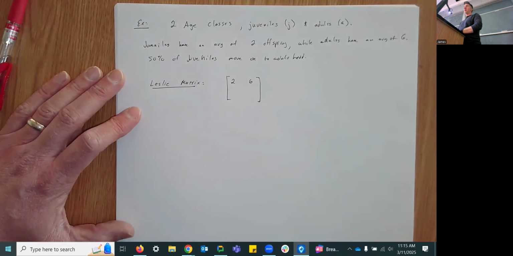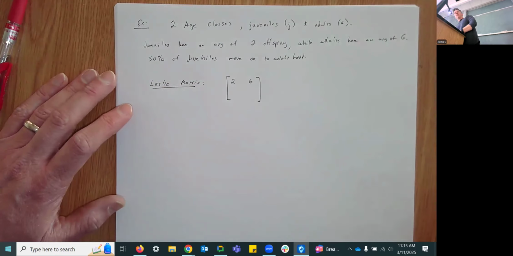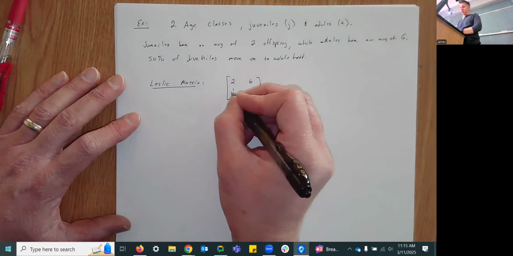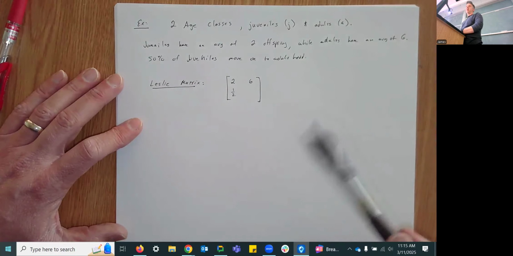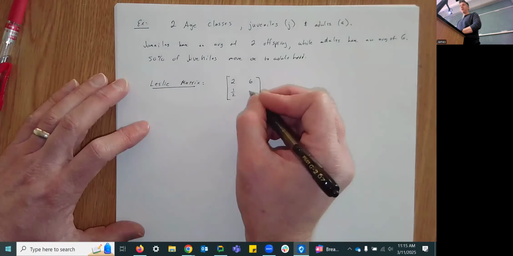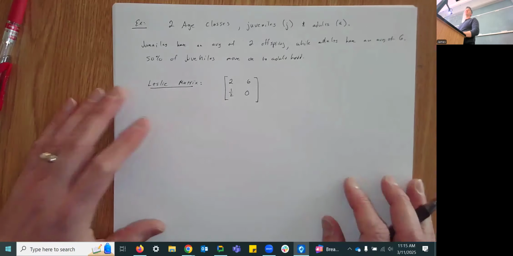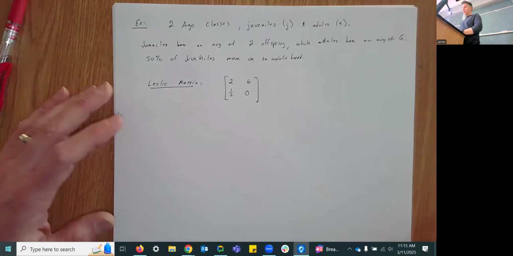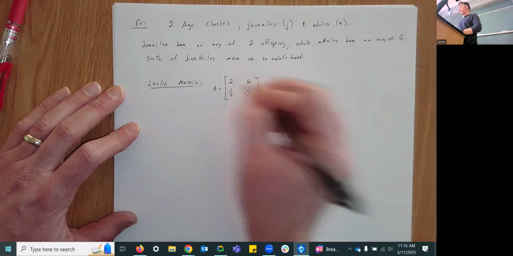And then the number of things that make it to the next age category next year: half of the juveniles make it to adulthood next year. We didn't really talk about the adults because adults just kind of stay adults. They all die eventually, and there's nothing beyond adult. So this is our matrix. Let's call it A, even though we would often call it L.